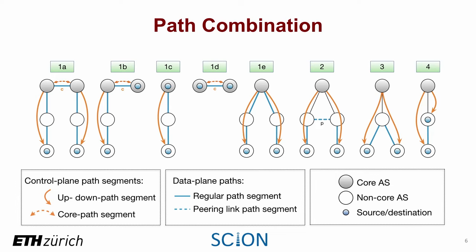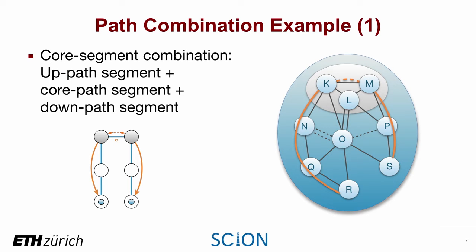Now we're going to look at some examples. If you'd like to see all the different examples worked out, you can also take a look at our book, which has more detailed descriptions of each case. The first example is a core segment combination. We have a source in AS R that intends to communicate with a destination AS S, and the following 3 path segments are used to create the end-to-end path.